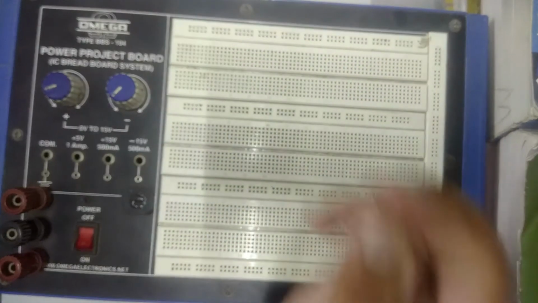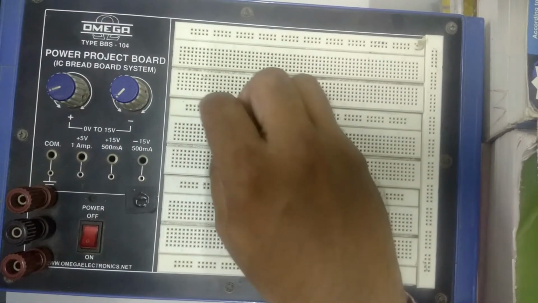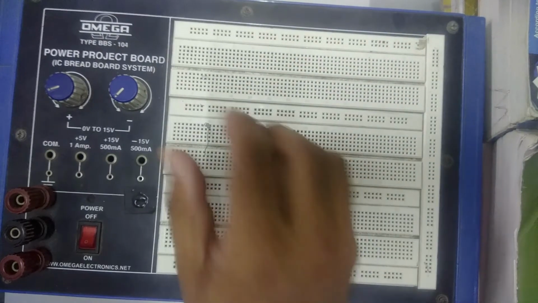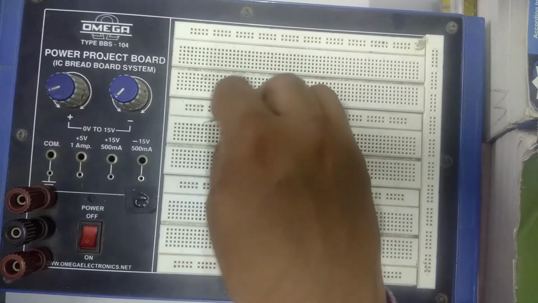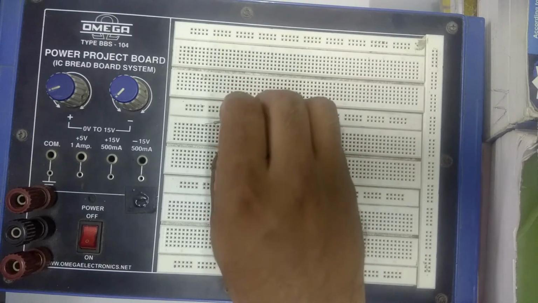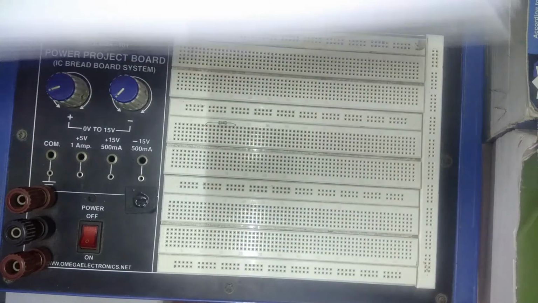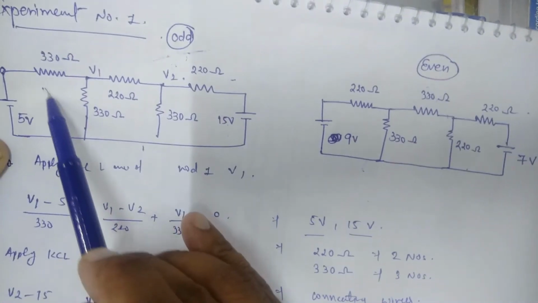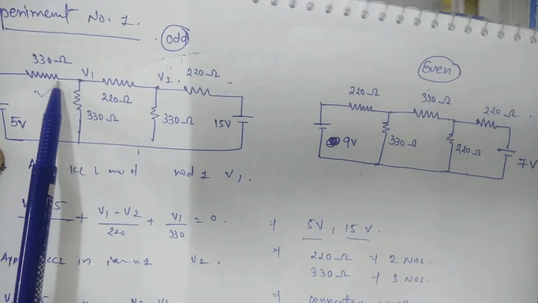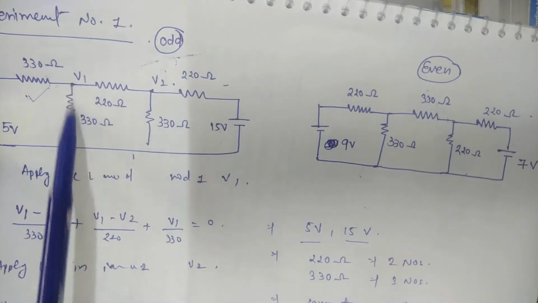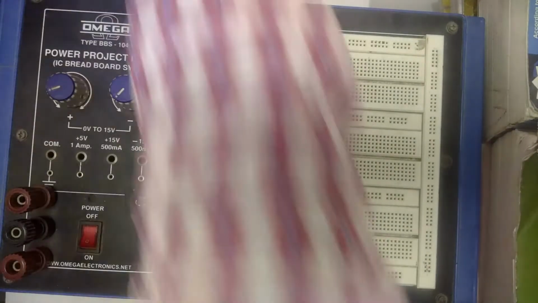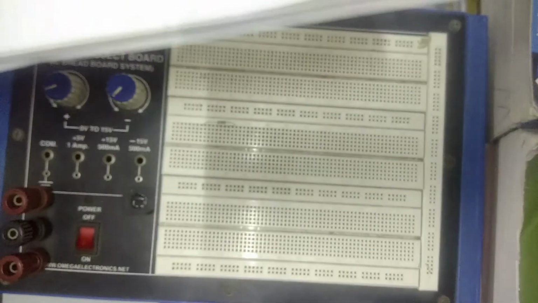I am taking this 330 ohm resistor, and I will connect it like this on the breadboard. This 330 ohm resistor is connected right now.